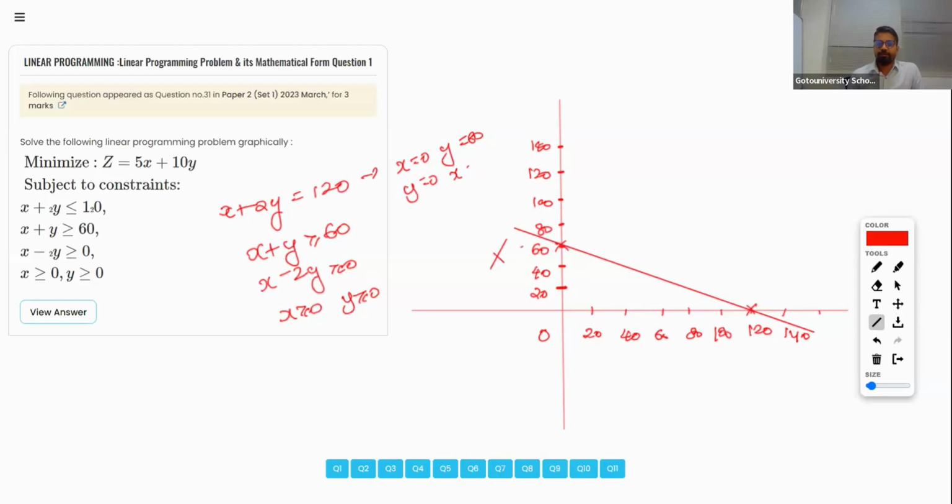So here we have the lines. Our feasible region is this side, because when you substitute the origin, that will be part of the solution, not this side. Similarly, x plus y greater than or equal to 60. That means another line will be like this. It goes to 60, 60, right?